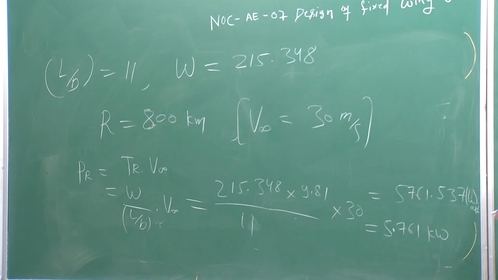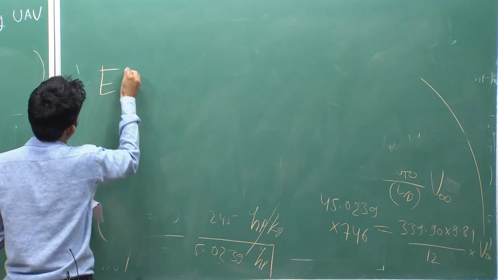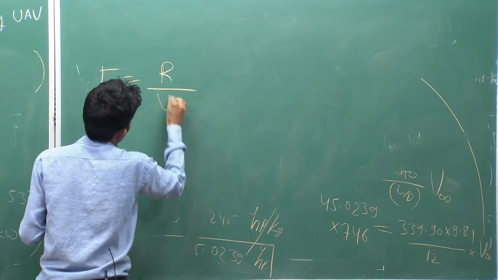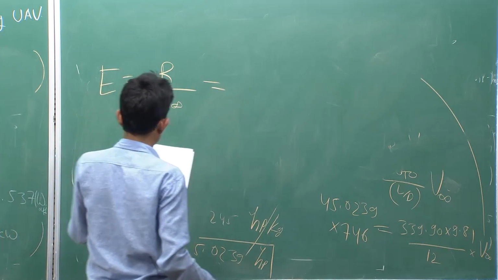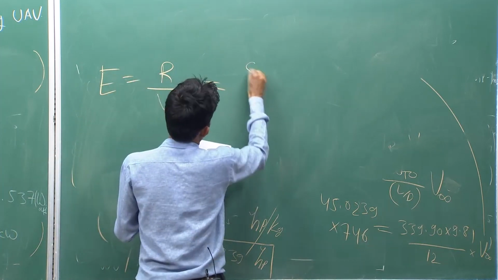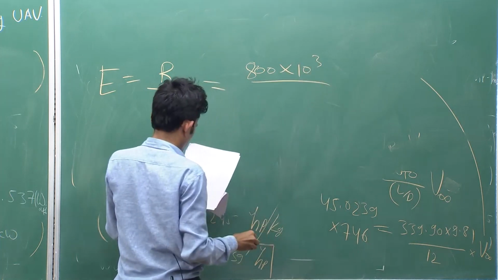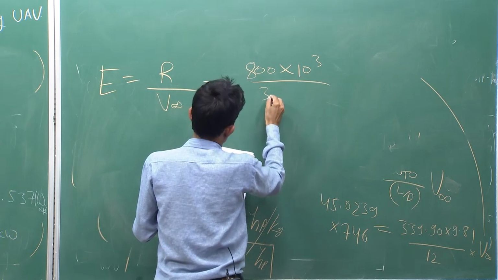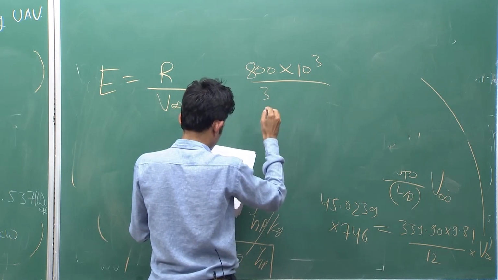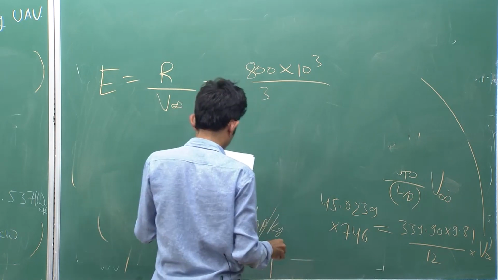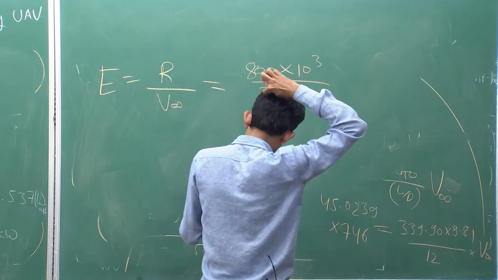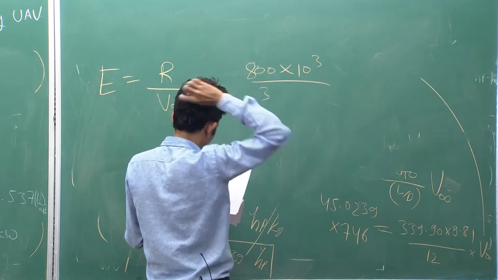So, in the second question you have to find the endurance. Endurance is nothing but range divided by velocity. So, range is given 800 kilometer, you have to convert into meter, divided by speed, which is given 30.